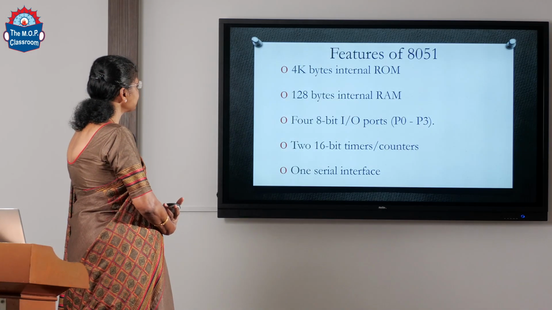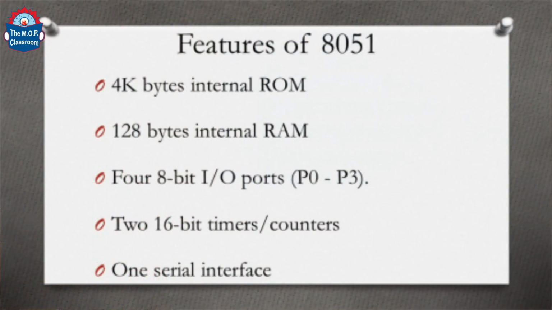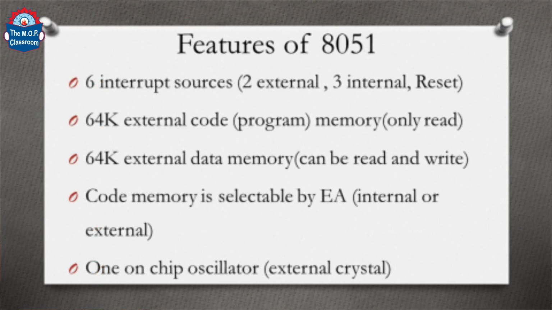Now, what are the features of this 8051 microcontroller? It has 4K bytes internal ROM, 128 bytes internal RAM. These two constitute the program memory and internal data memory. Then it has 4 8-bit IO ports specified as P0, P1, P2, P3, 2 16-bit timers and counters and 1 serial interface. Then it has 6 interrupt sources, 2 of them can be external, 3 internal and the other one is reset.